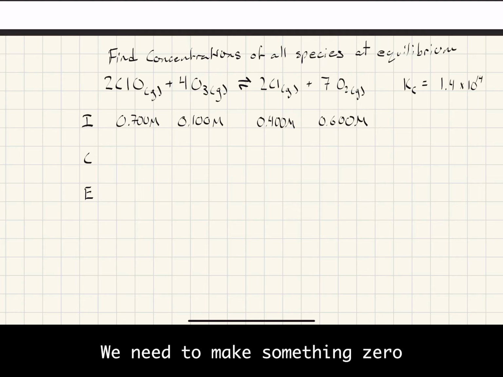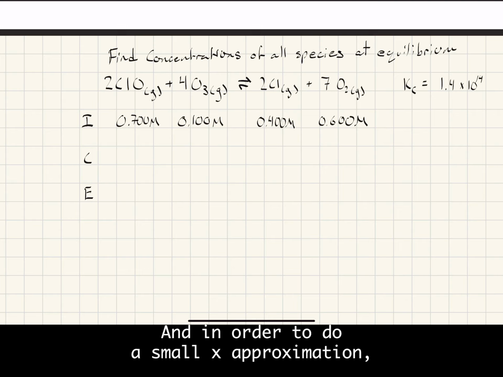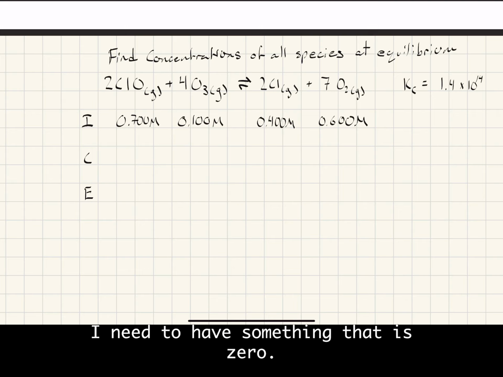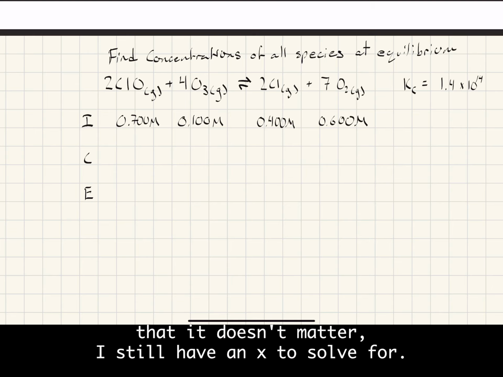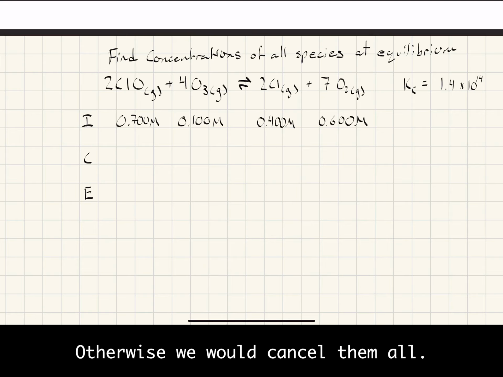We need to make something zero to make this problem simpler. In order to do a small x approximation, I need to have something that is zero so that when I assume that my x is so small that it doesn't matter, I still have an x to solve for. Otherwise, we would cancel them all.